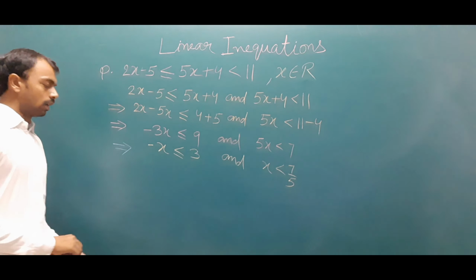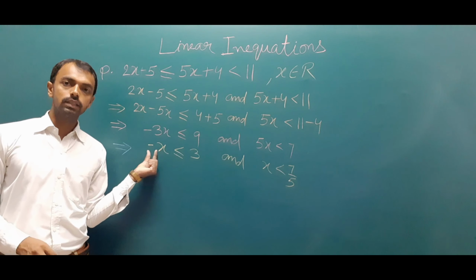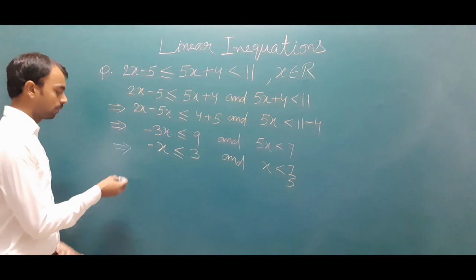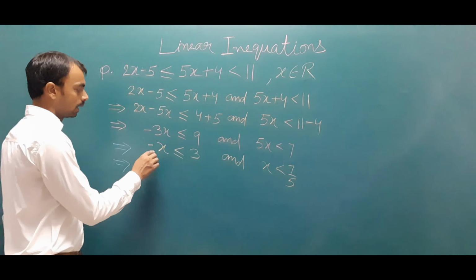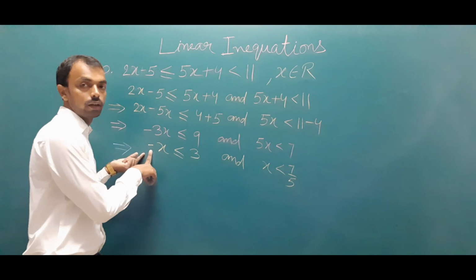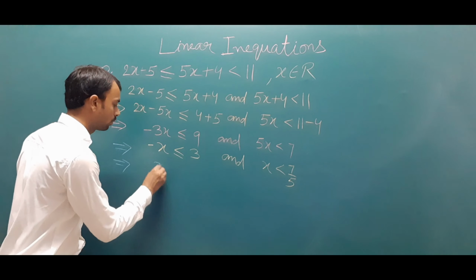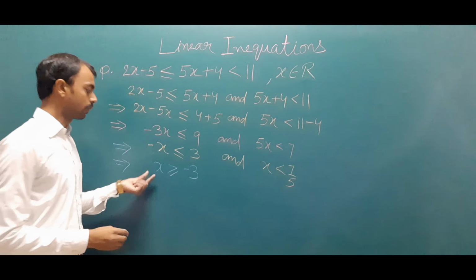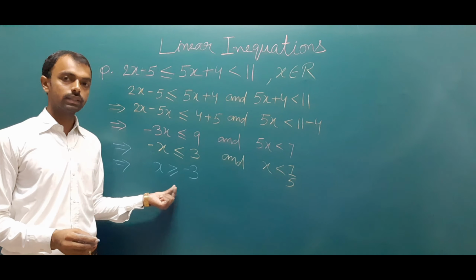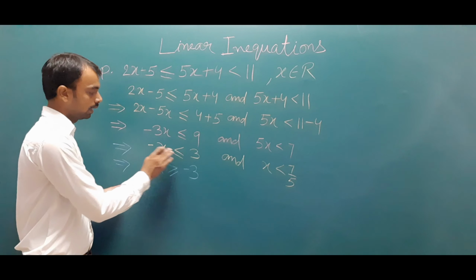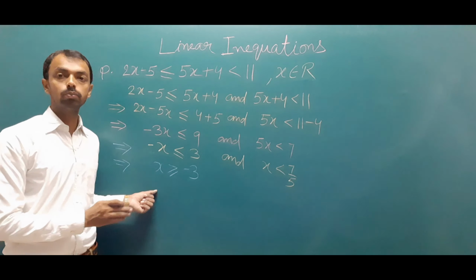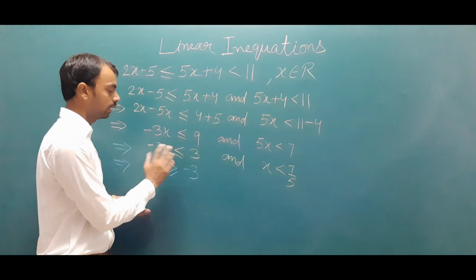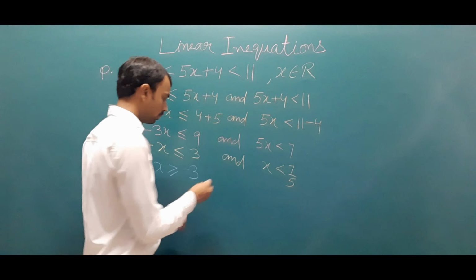Now here it is minus x, but we want x in positive terms. So we will multiply by minus 1 on both sides, then we get x is greater than or equal to minus 3. The sign will change here, why? Because we multiplied by -1 on both sides, and when we multiply or divide by -1 the sign will get reversed. Okay, so next.